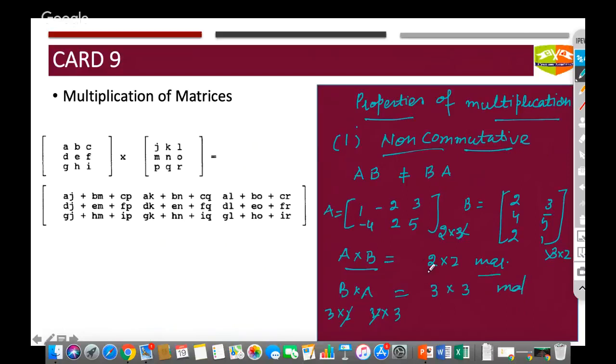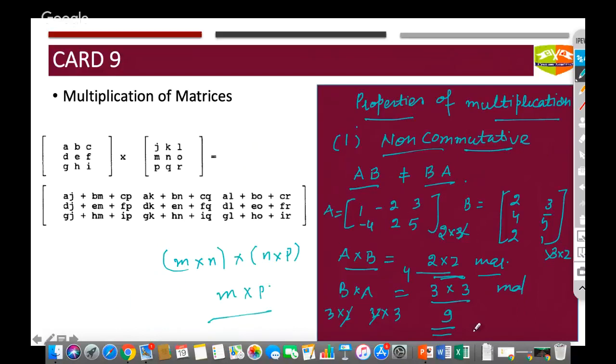So here you have only 4 elements and here you have 9 elements. You can see that for A into B and B into A, you don't need to multiply and check. Just by taking the order of the matrix, I have told you that m into n multiplied by n into p gives an m into p resultant matrix.